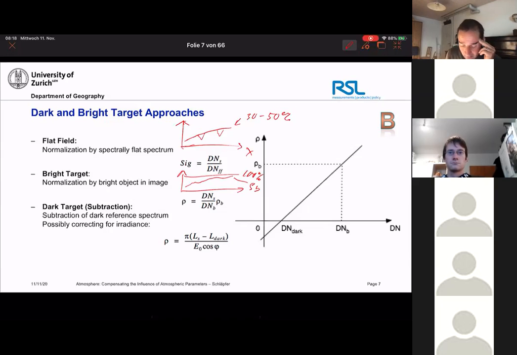So if we know this reflectance, then we can divide by the DNs of the rho bright and multiply with the DNs of the real measurements. So the relation of the reflectance of the bright target to the DNs of the bright target gives us a calibration factor to get the reflectance itself of the pixel. That's rho s here.